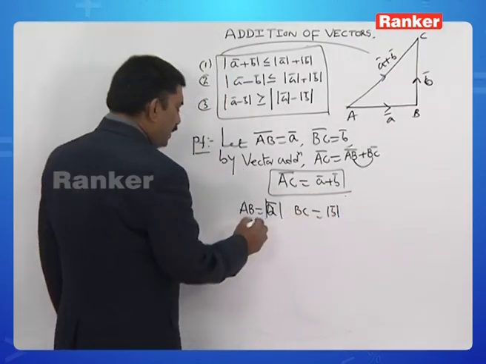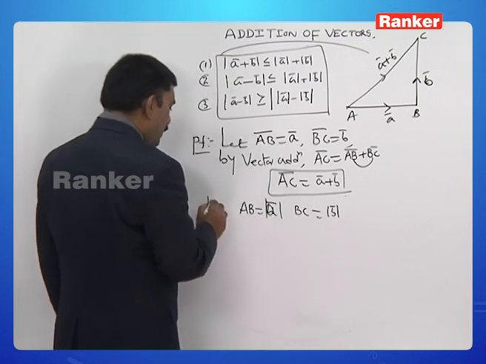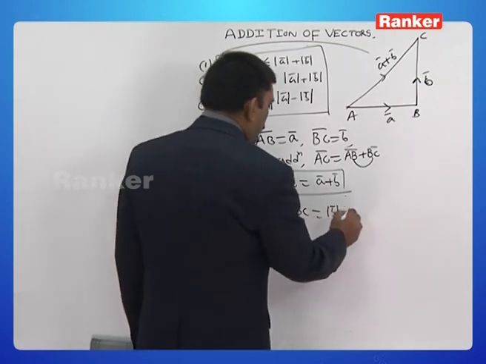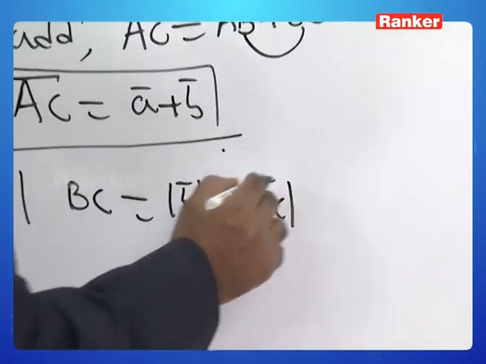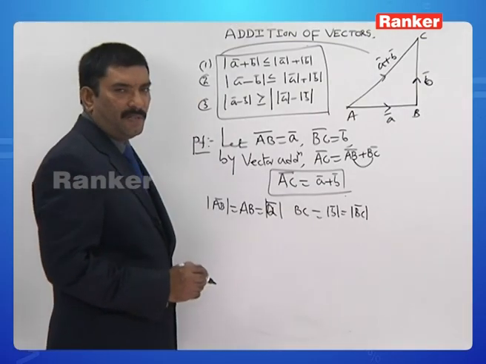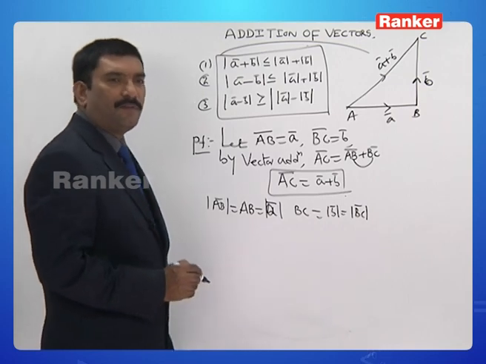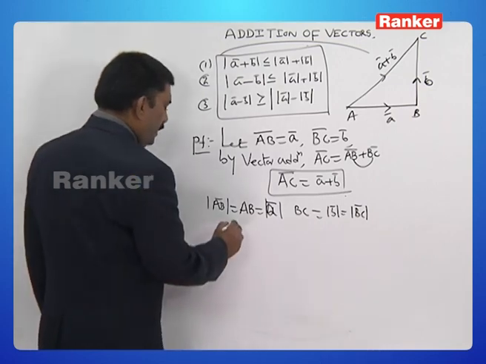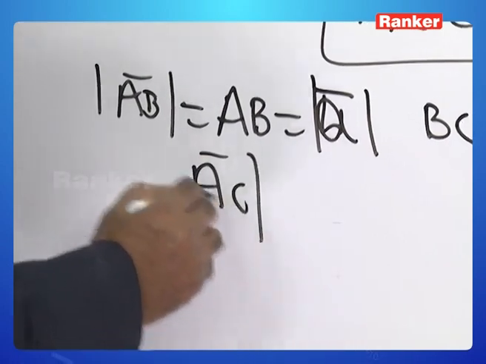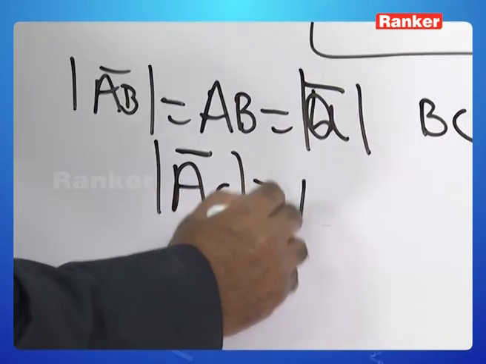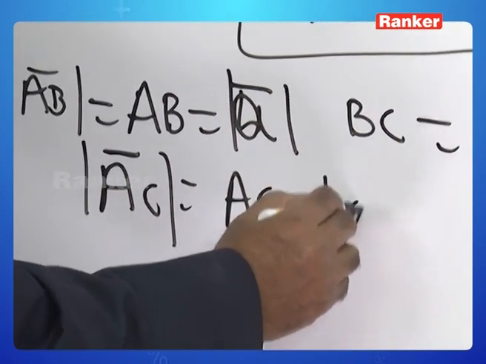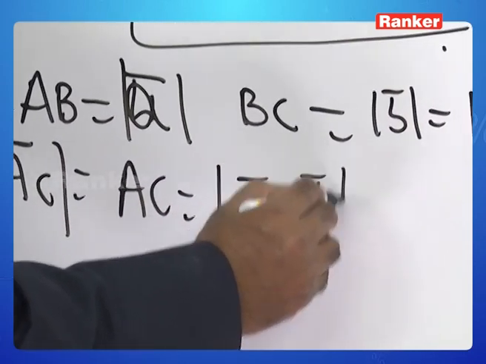Or else I can also write modulus of AB bar is the same as modulus of BC bar, as you please. Similarly, in the same fashion, we can also write AC, modulus of AC bar, is nothing but modulus of A bar plus B bar.